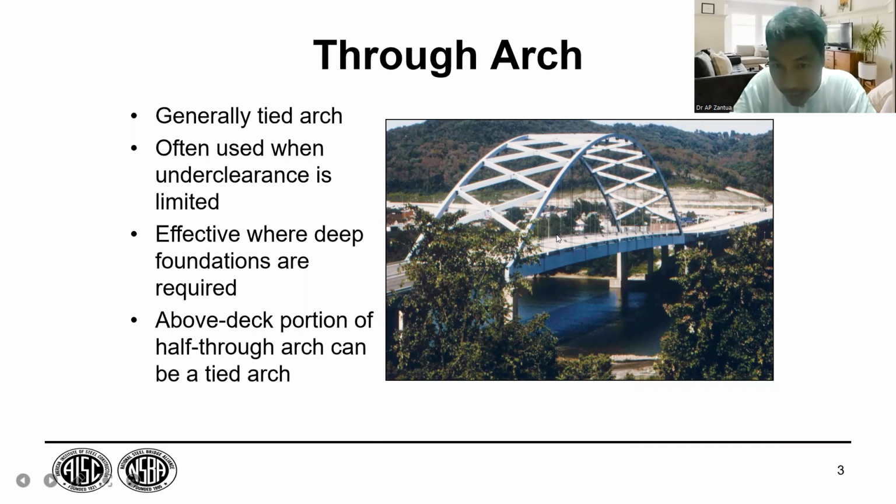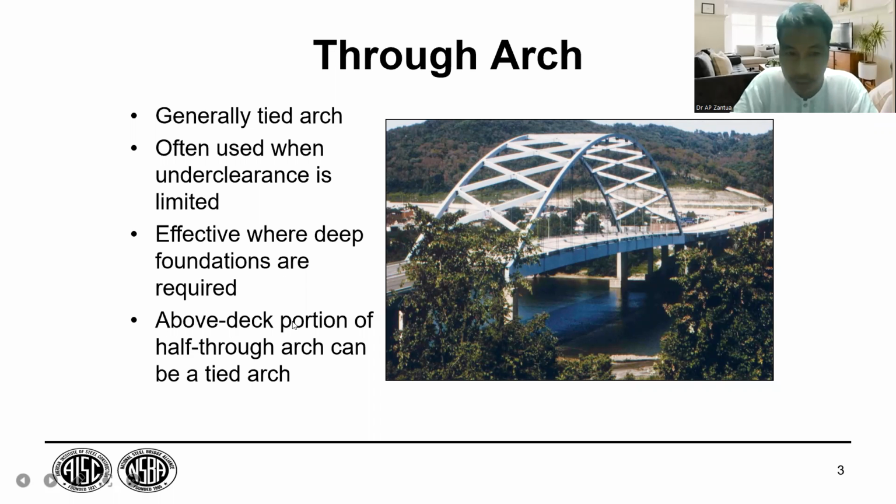Tied arches are often used when under-clearance is limited. An arch below is not possible because vehicles or ships, boats may travel below it, so clearance might be limited. Effective where deep foundations are required.